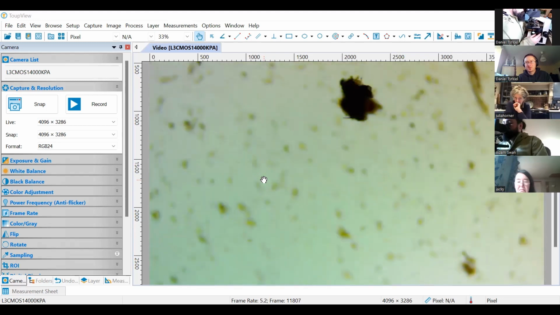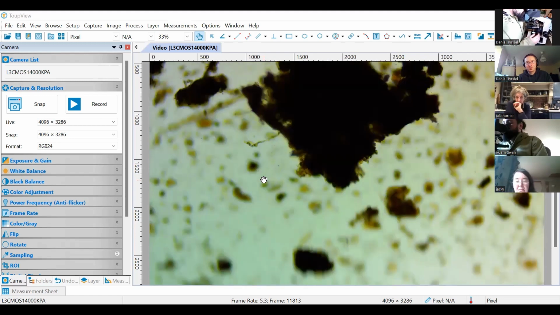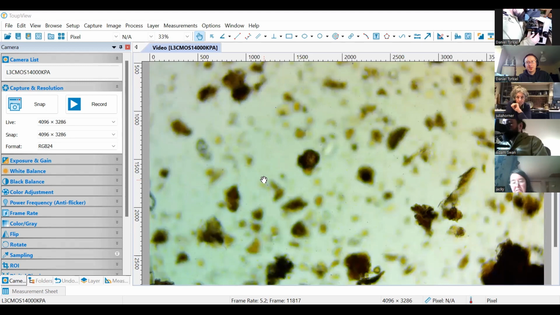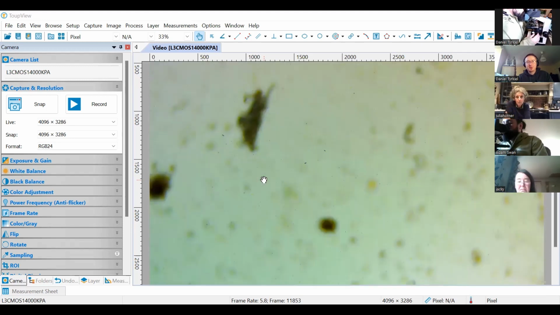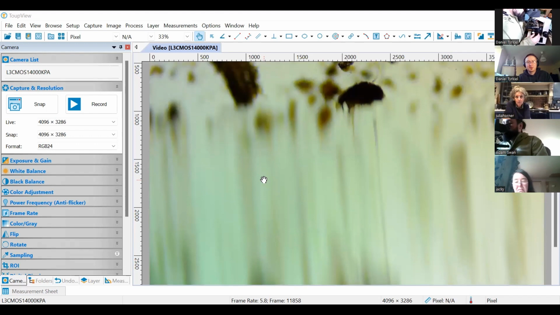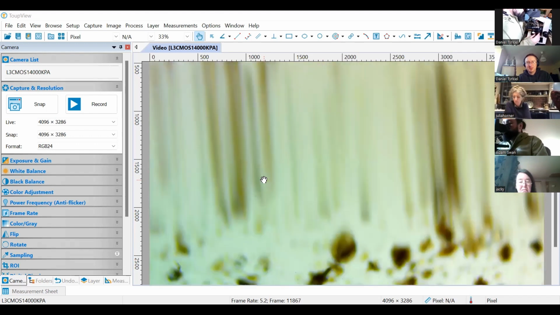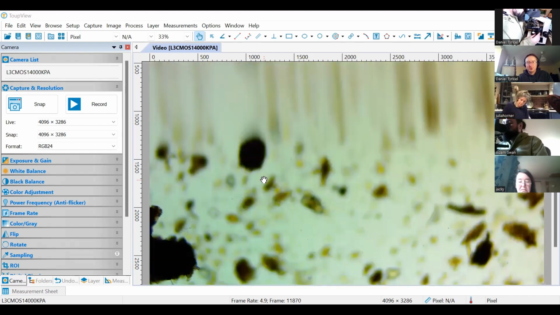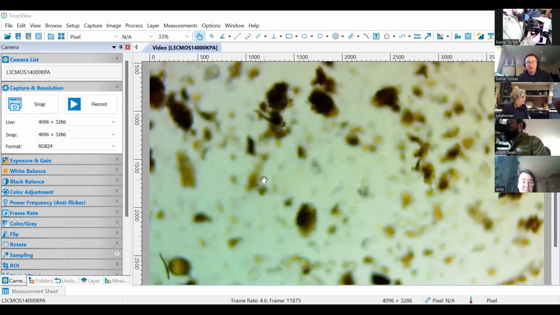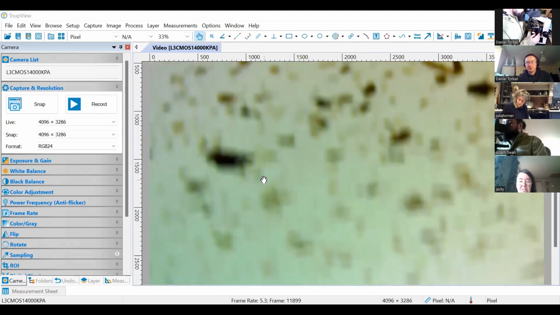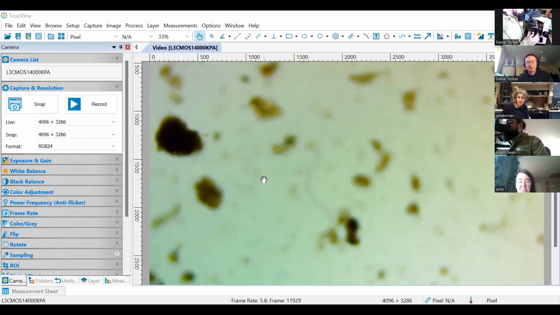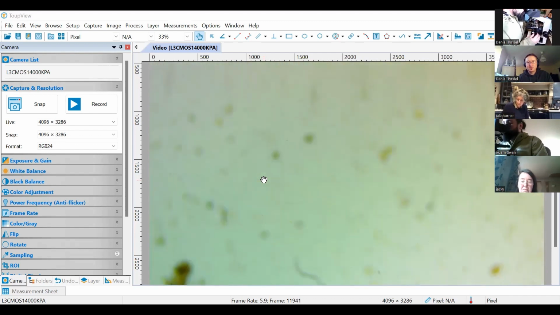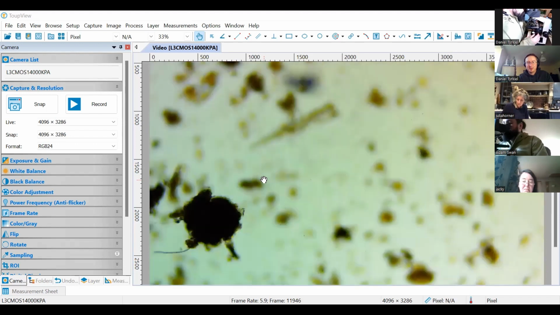So at 100 times magnification, the first thing that we look for is nematodes. At 100 times we find nematodes, and then we go down to 400 times, and at 400 times we count fungi, amoebae and flagellates.